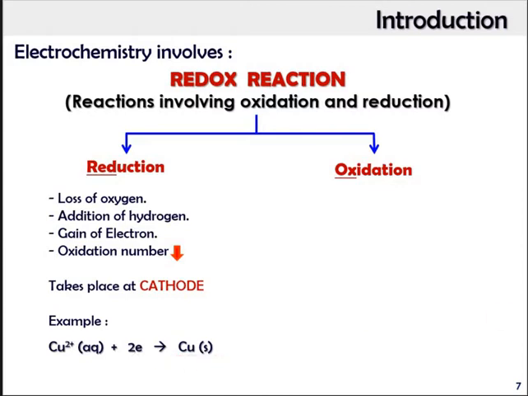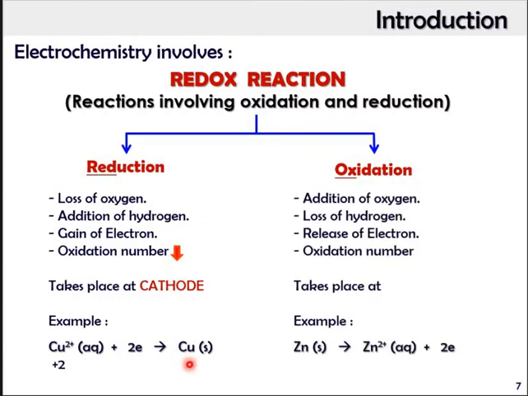So, the oxidation number for Cu2+ is +2, Cu is 0. So, oxidation number decrease from +2 to 0. So, it is reduction process.